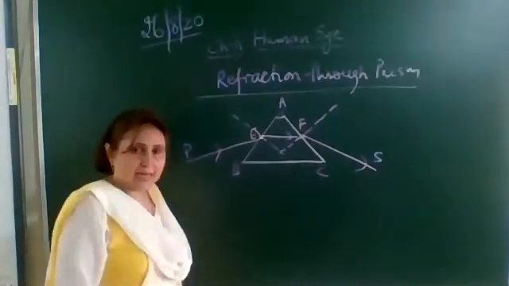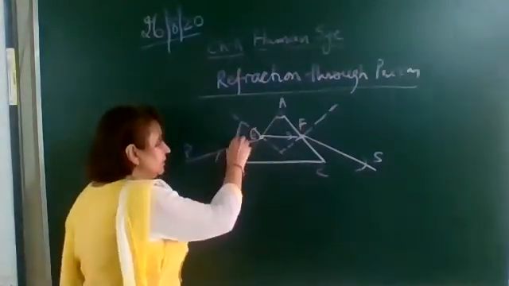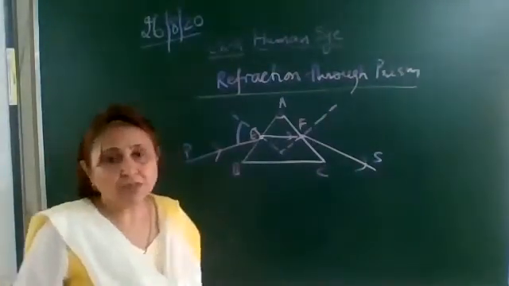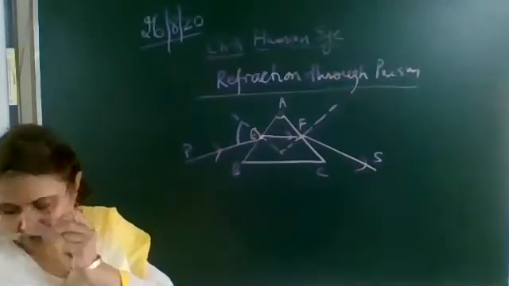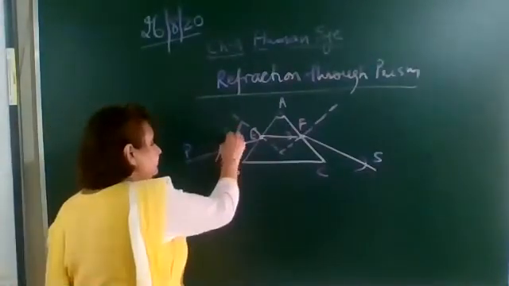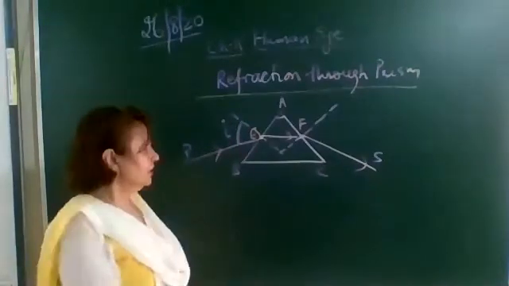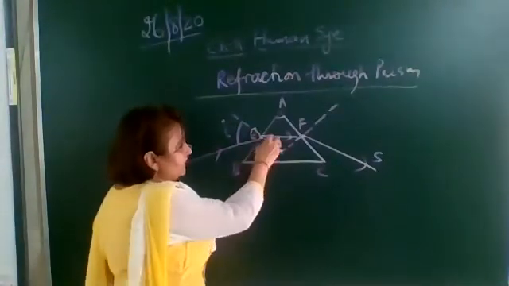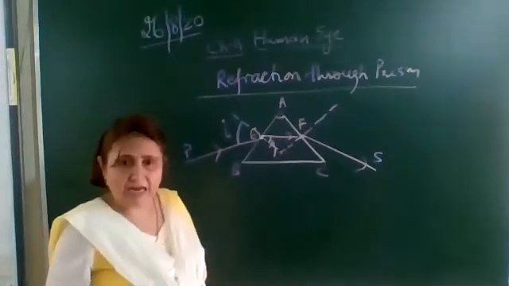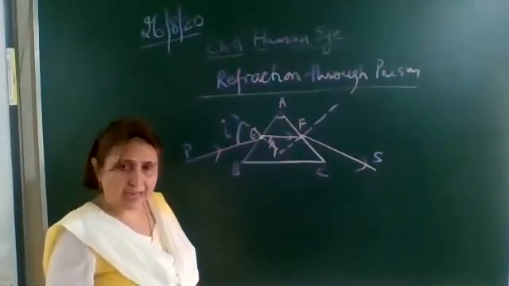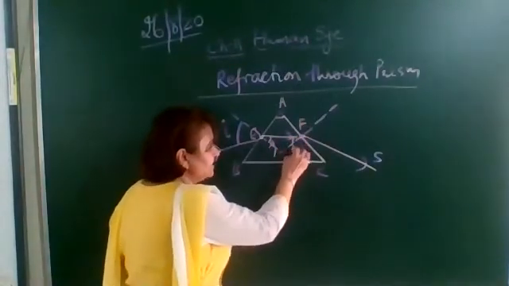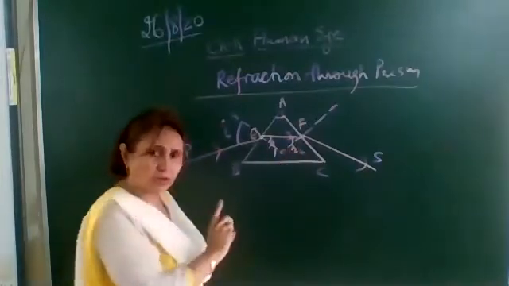Now let's study the angles. This angle between the incident ray and the normal, we call the angle of incidence. Here between the refracted ray and the normal, let it be R1, and we call it the angle of refraction. Let this angle be R2.